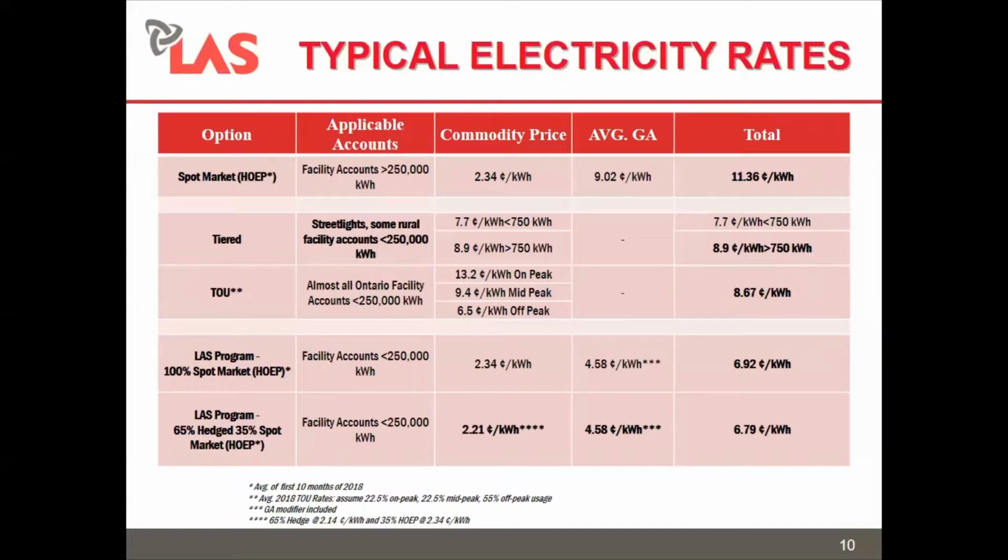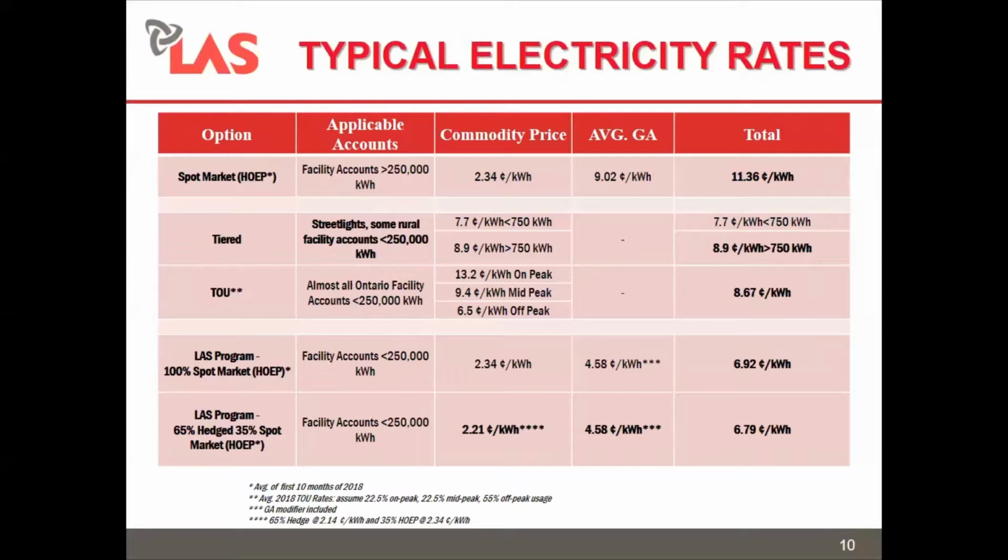And if you are hedging a portion of your consumption, say you are joining a LAS program currently, how much are you going to pay? Your commodity price equals 2.22 cents, which assumes you are hedging 65% from the program, and you leave the rest, 35%, on spot market.